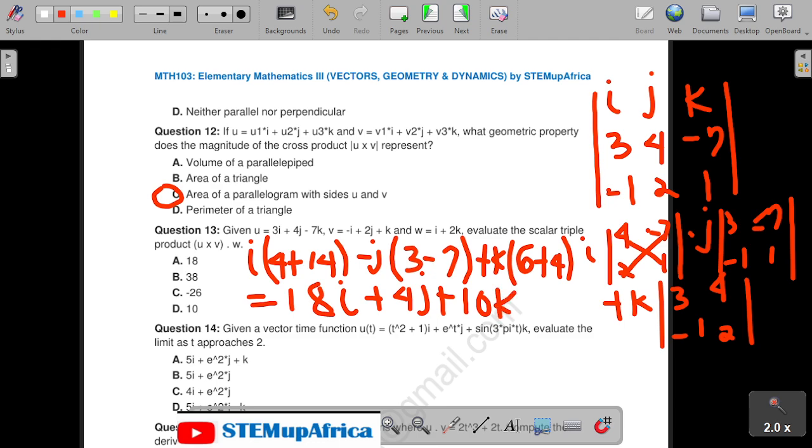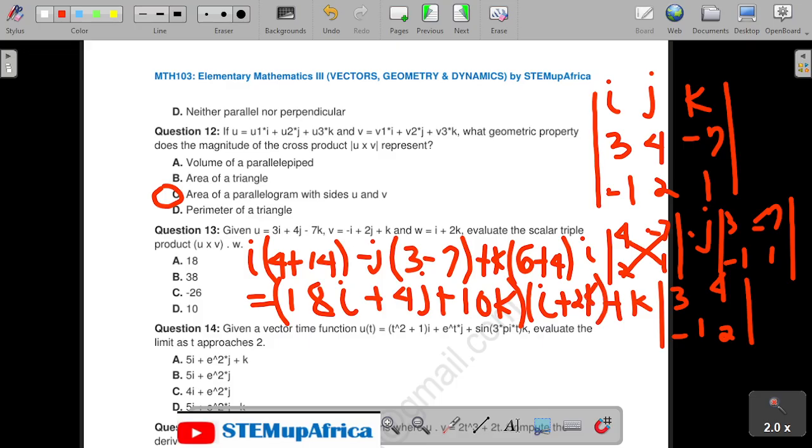So multiply this with w as a dot product. The cross product of u and v dotted with w, which is a dot product. So I'm going to have everything here times i plus 2k.